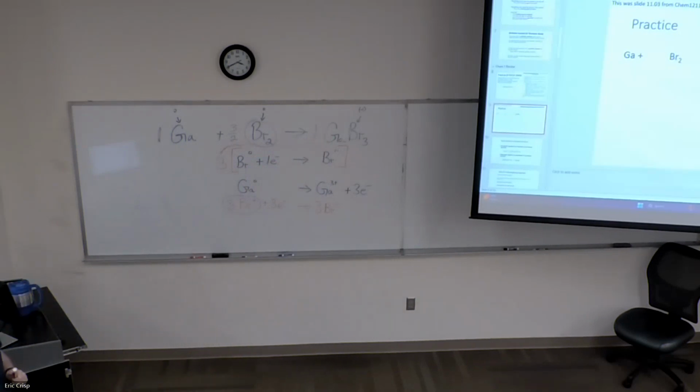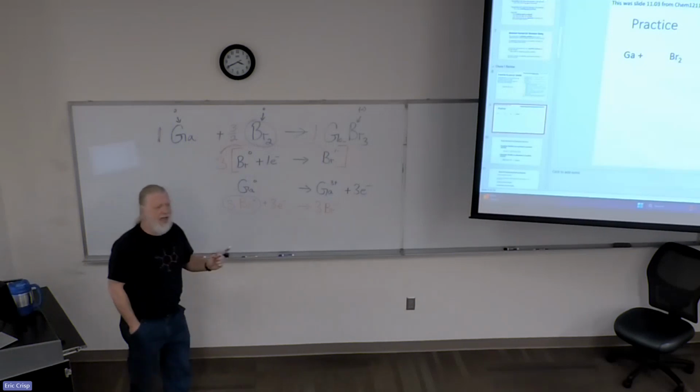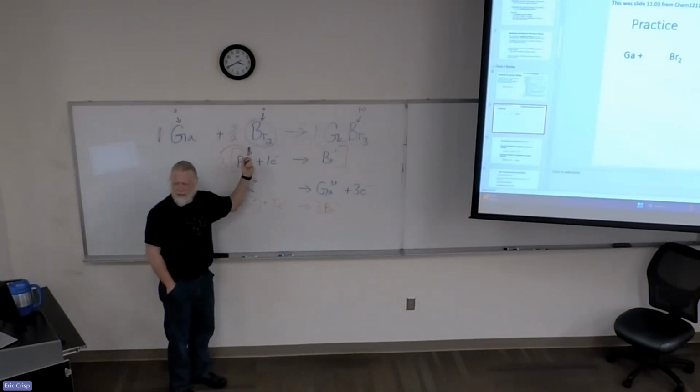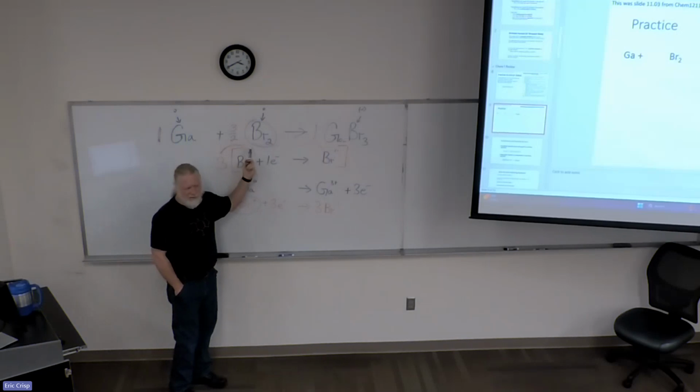Now, if you would prefer, you could balance this as 2, 3, 2, if fractions just scare the daylights out of you. You can do that. But one of the reasons we'll do this: when we did that practice problem at first, what would be the delta G for Br2?